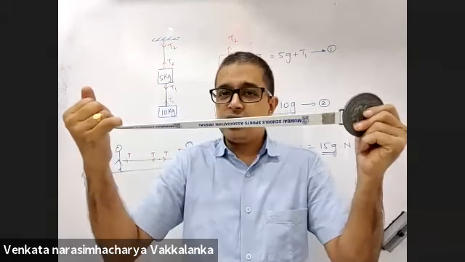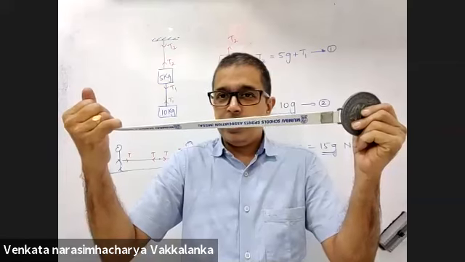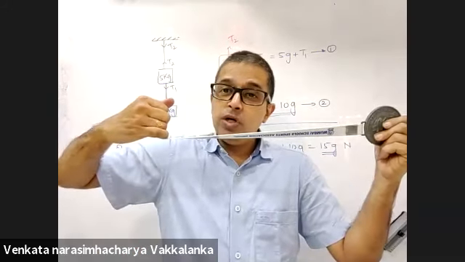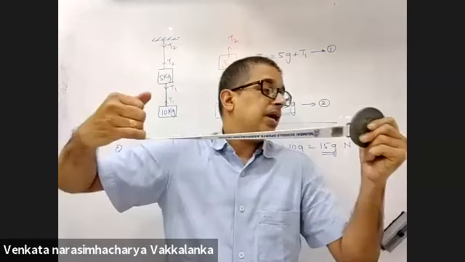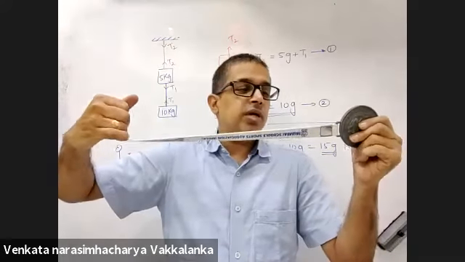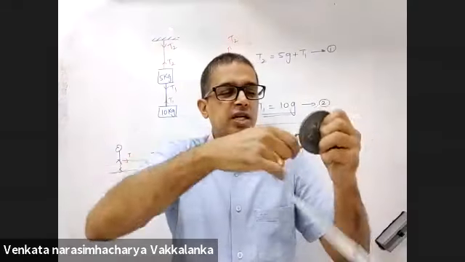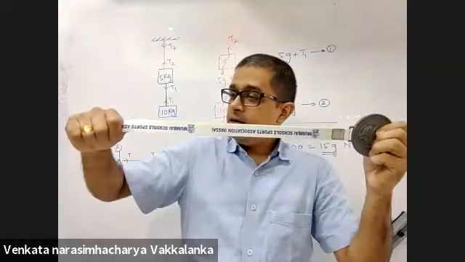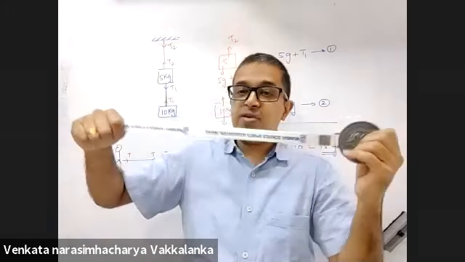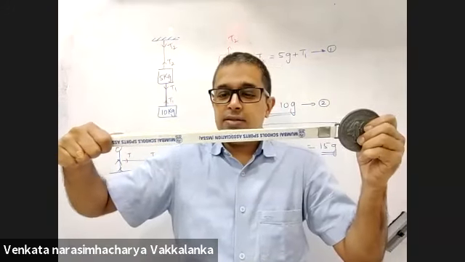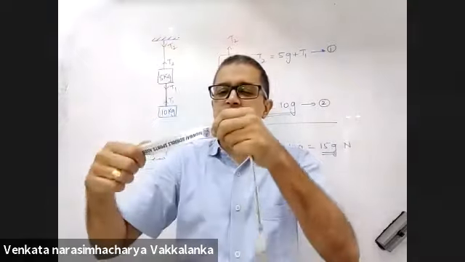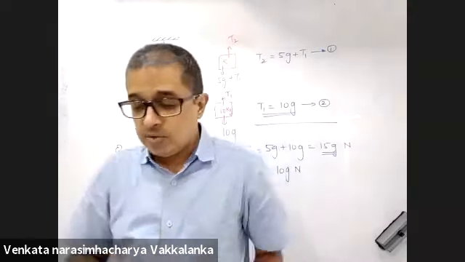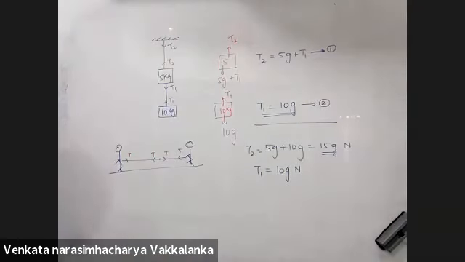My right hand is being pulled to the left. My left hand is being pulled to the right. Here, tension is acting away from my hand. Right? If I take any one single point, tension acts away from that point with respect to that point.